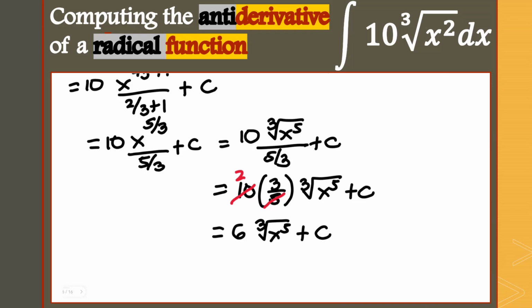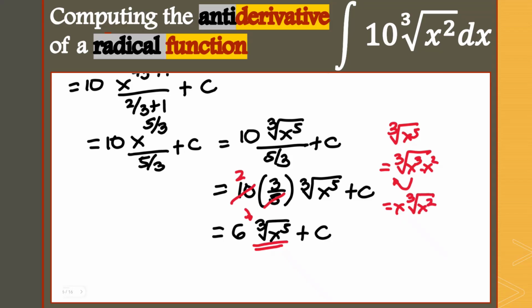Now for some cases, this is already acceptable, but since we have already learned simplifying radical expressions, as the exponent of the radicand exceeds your index, the cube root of x to the power of 5 can be written as the cube root of x cubed times x squared. So this could be simplified. You will have x times the cube root of x squared.